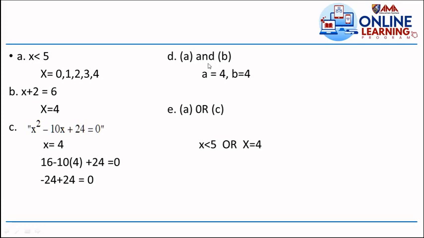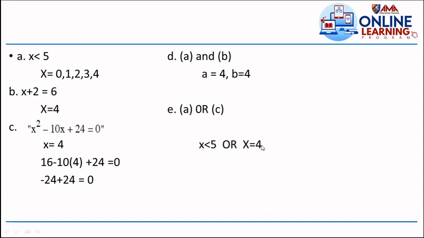Next, we have E, A or C. For statement A, x is less than 5. For statement C, we have x is equal to 4. Our statement C, x is equal to 4, is true, because it arrived at 0 is equal to 0.